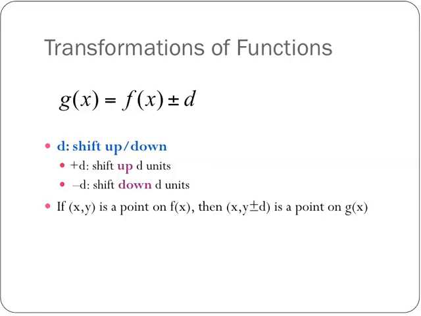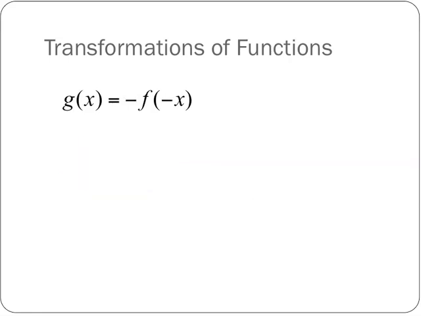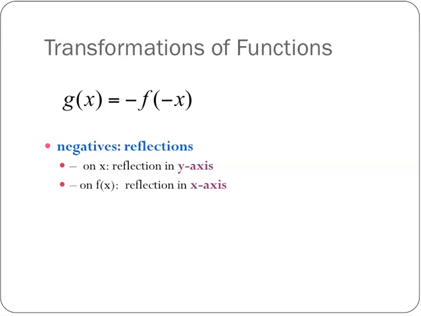Okay, lastly, we have negatives, which correspond to reflections. And so you can have negatives in one of two places, either on the x, which would be inside the function. That would be a reflection in the y-axis. You could also have a negative on f of x, or in other words, outside of the function. In that case, that would be a reflection in the x-axis.